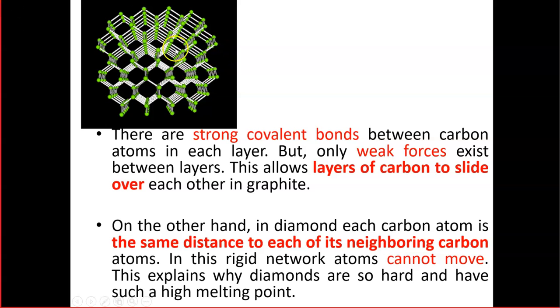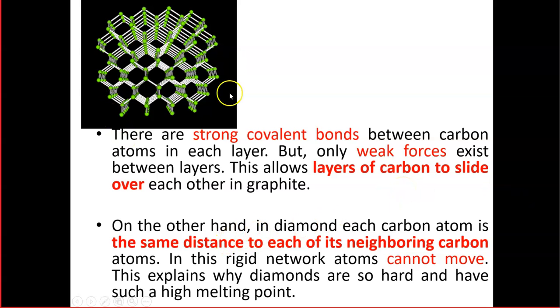When the layers have weak forces between them, they will slip over each other, and that's why graphite is slippery. So you can understand the basics, or you can remember the figure. If you remember that, you can write down properties and applications.